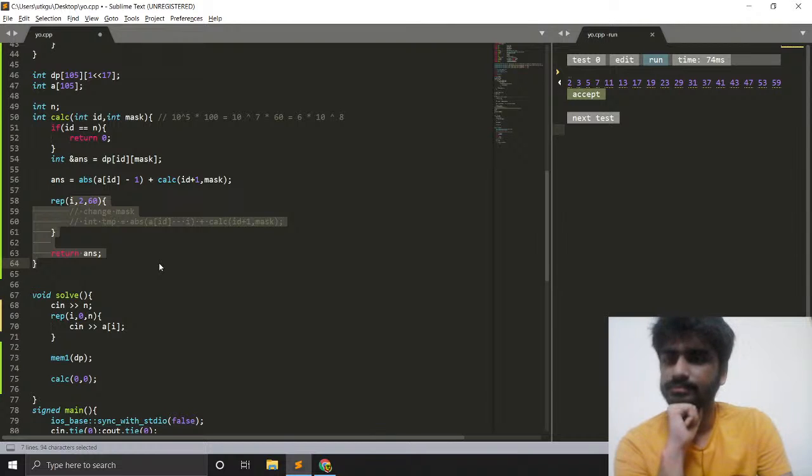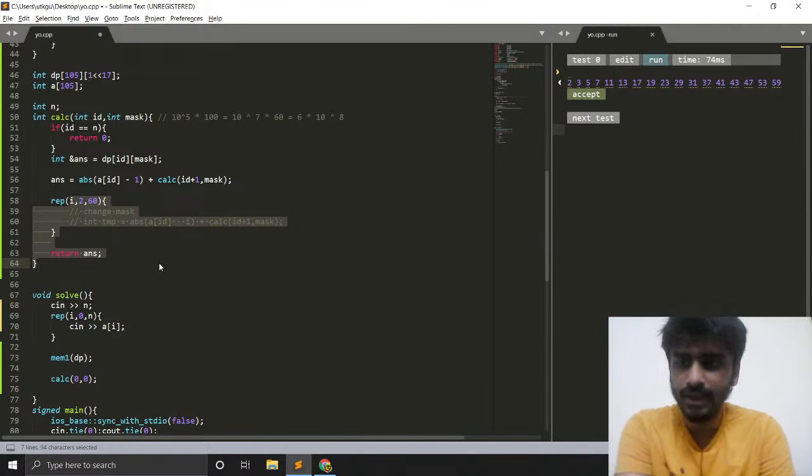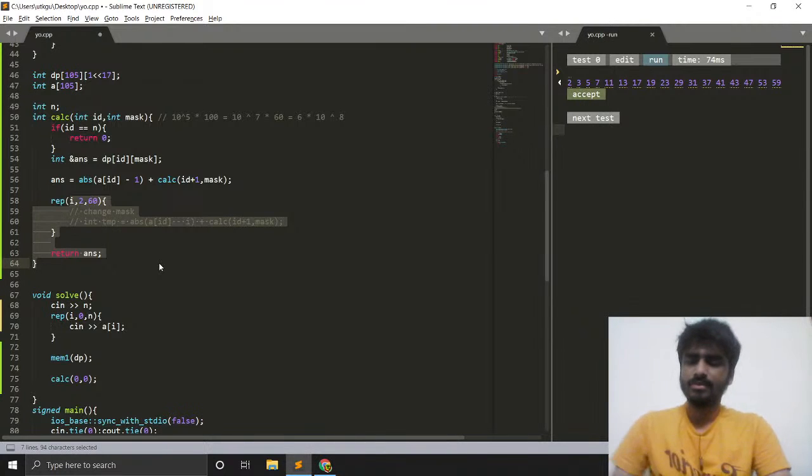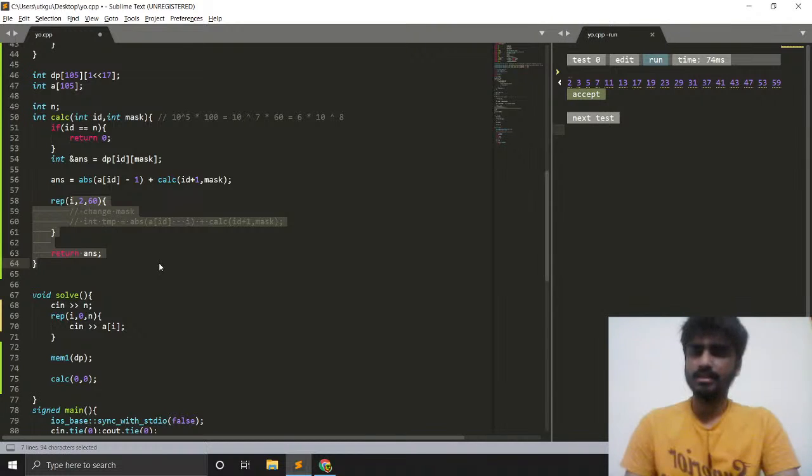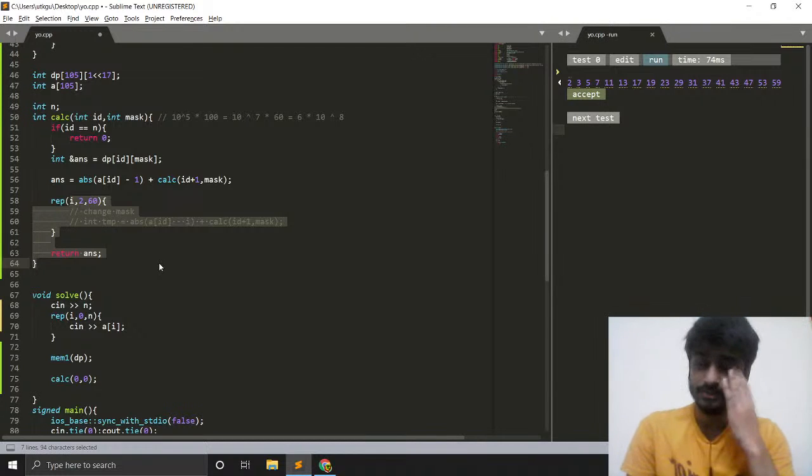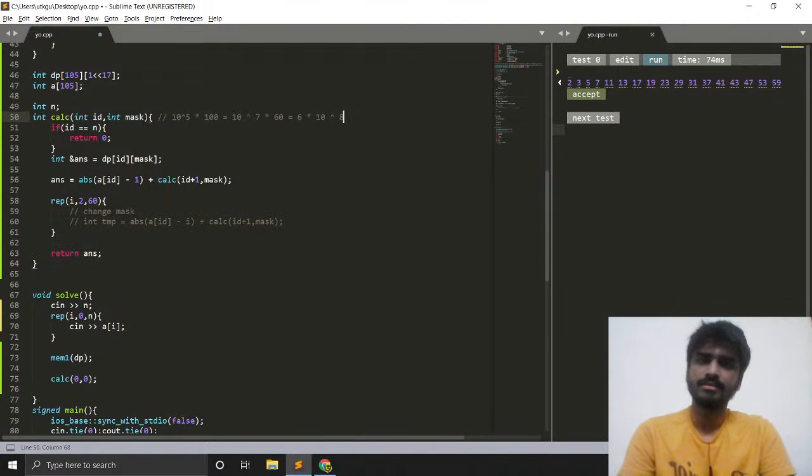Because if I take the square root of 60, it will be around, I don't know, 6 or 7. Even if I multiply 2 to this, it goes beyond 10 to power 9.